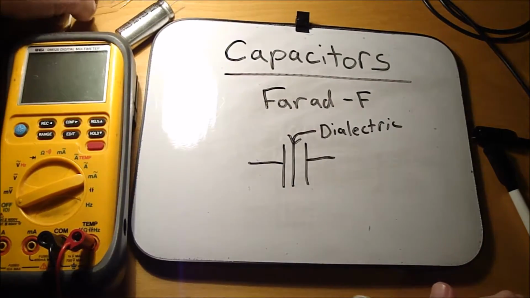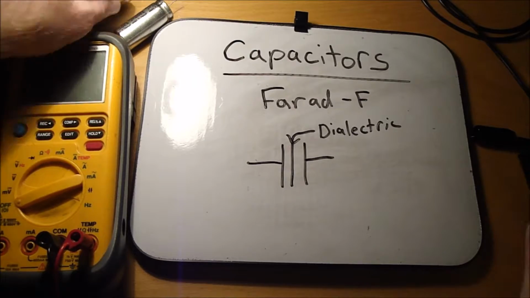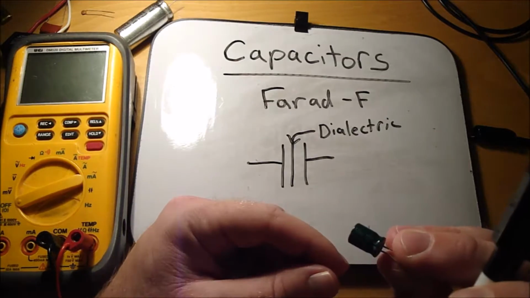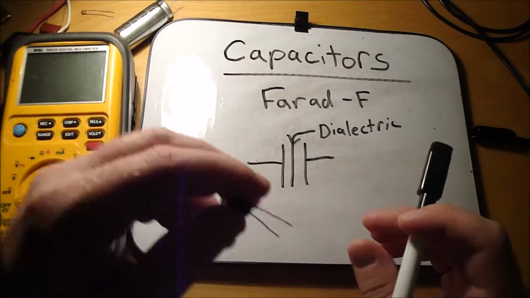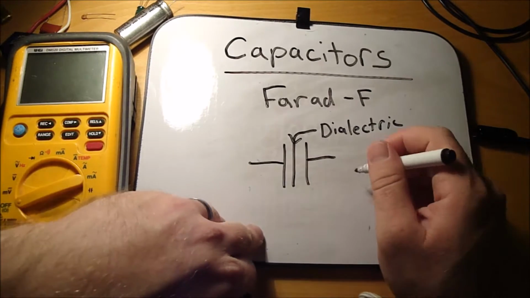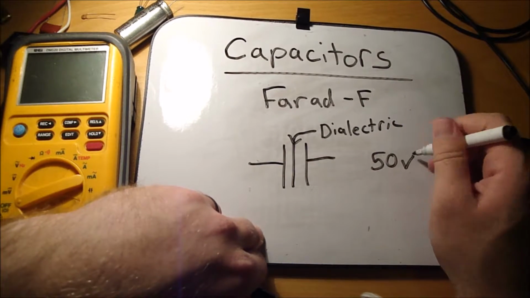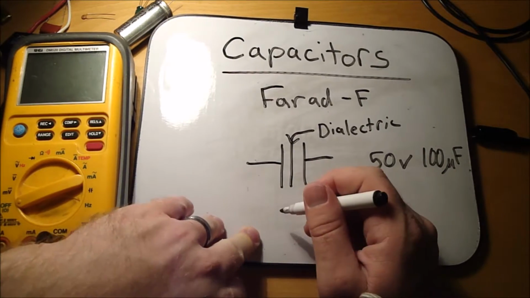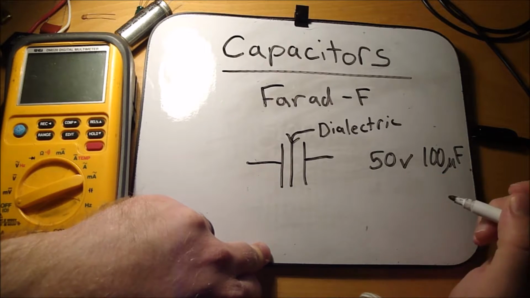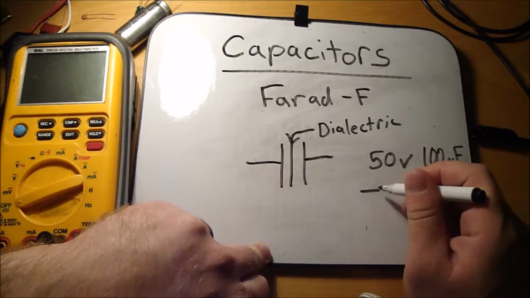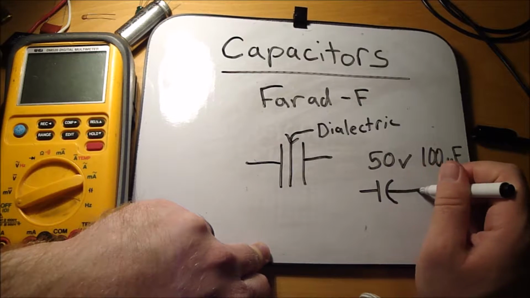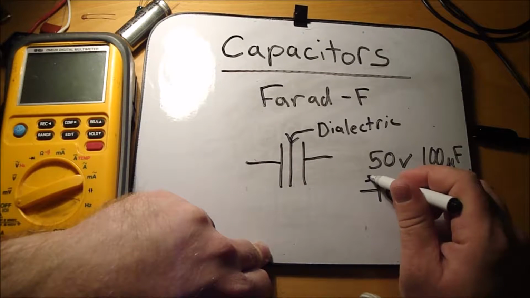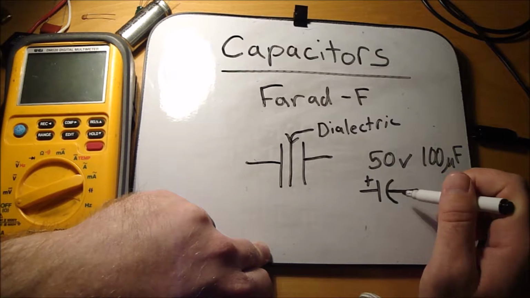Alright, so let's go ahead and test out a capacitor. This one is a 50 volt 100 microfarad. So this would look like 50 volt 100 microfarad, and the symbol for a capacitor in a schematic would be this, and the positive side is the solid line, and then the curved side is the negative.